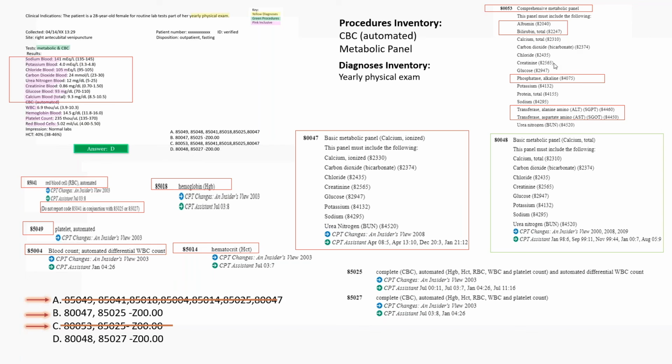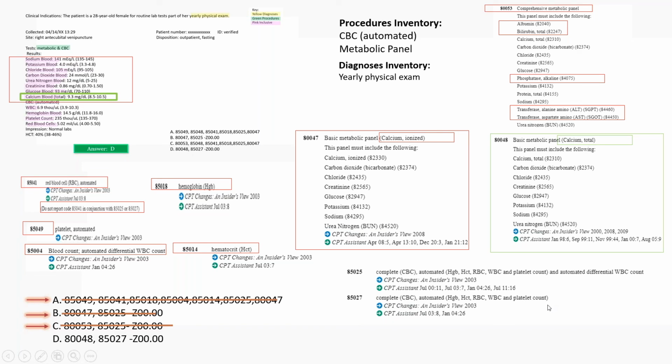Overwhelmingly, all of them are saying the correct one, and the one which is performed in our scenario, over here in the green highlighted portion, calcium blood total, was performed. So that is going to help us eliminate option B, and option D will be the correct answer, that is coding for basic metabolic panel calcium total and 85027.